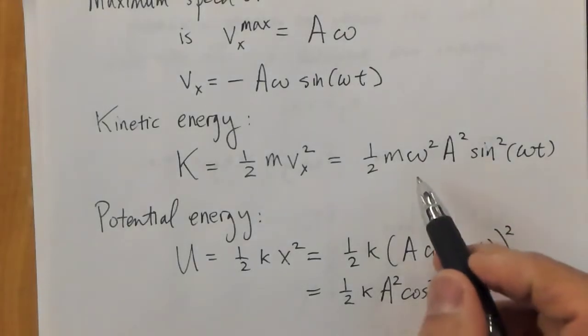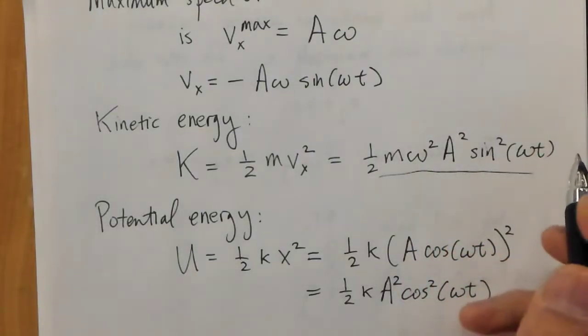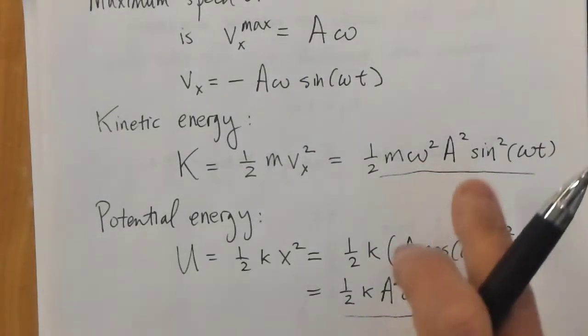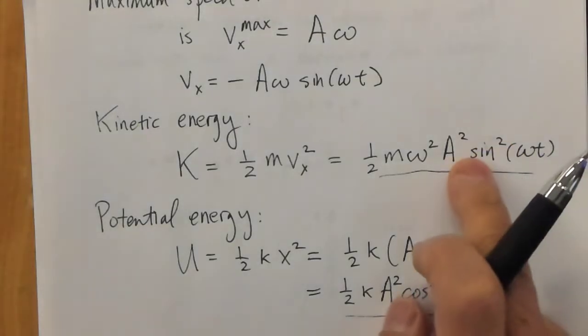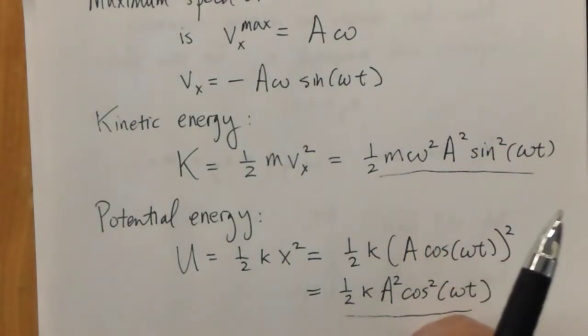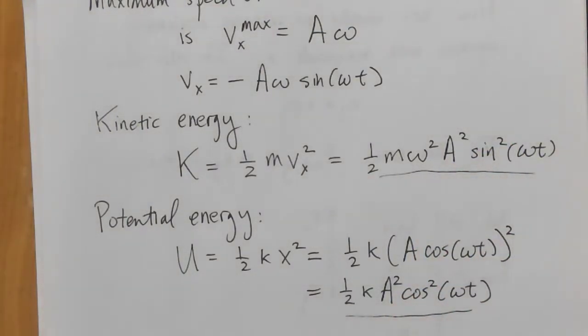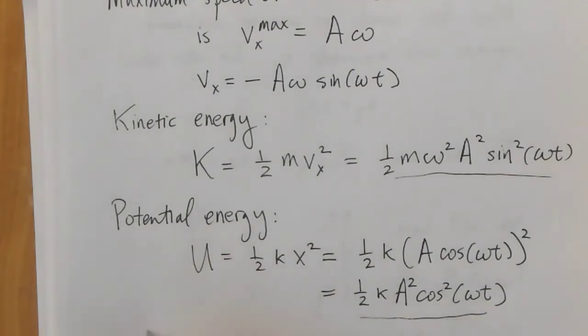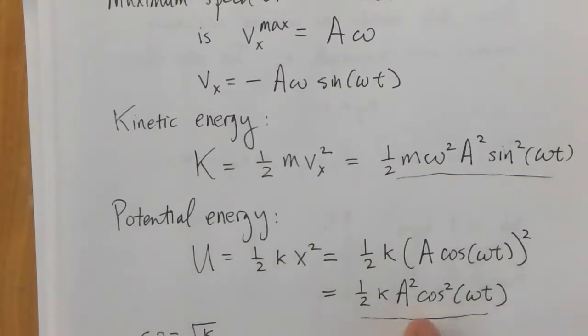All right. I have a formula here. I would like to make this formula look a little bit more like this one, or this one look a little bit more like this one. It doesn't matter which is which. So I have omega is equal to the square root of k over m.